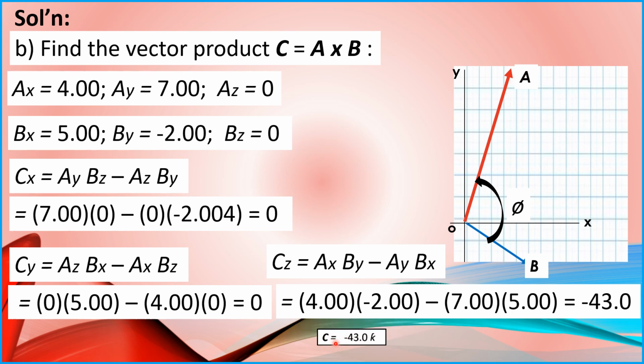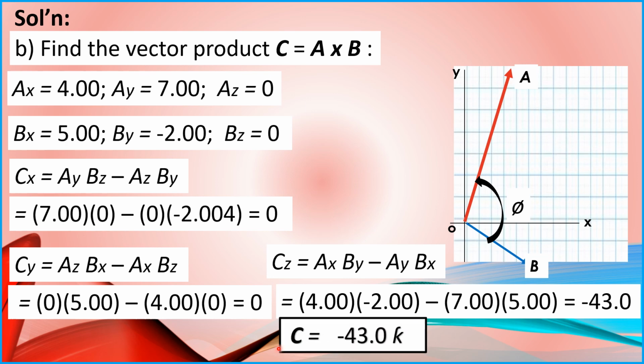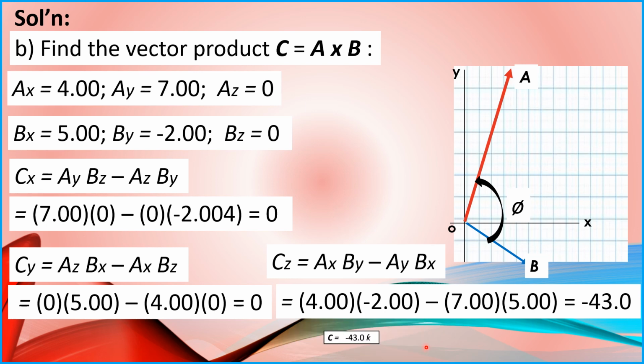But look, it has a negative sign, which means that the vector product A cross B, represented by vector C, is indeed directed towards the negative z-axis. So that's how we got it using the component method.